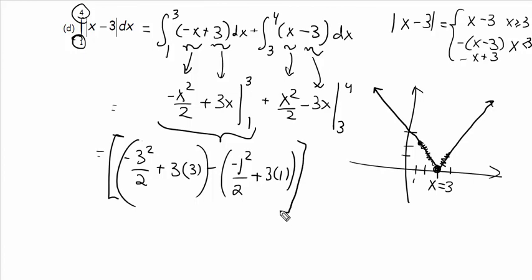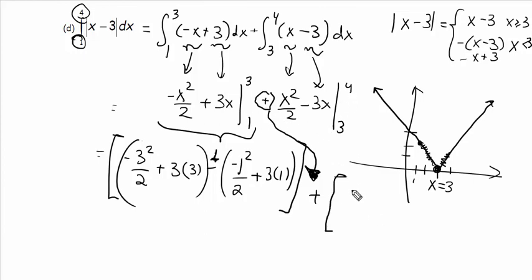Alright, so there we go. And then I'm going to add. Now, be careful because this is adding. I don't want you to get the signs confused. Inside of each of these is going to be subtracting, but we're going to actually add the two integrals together.